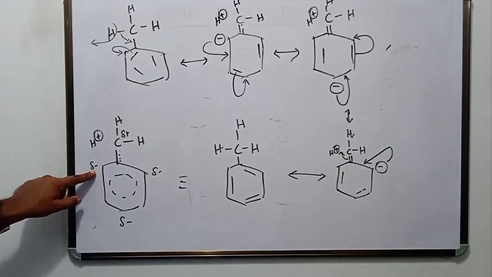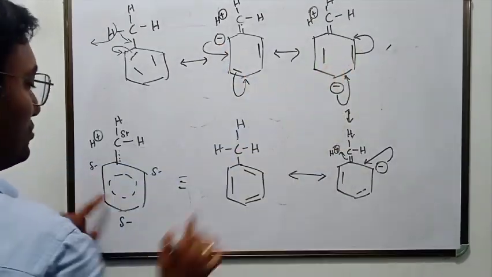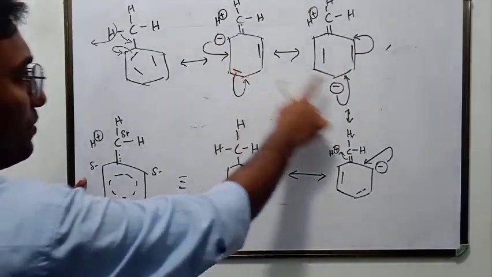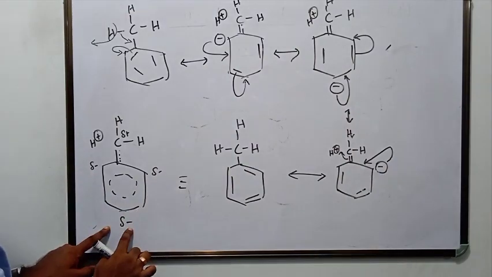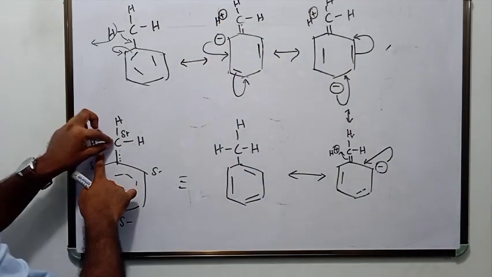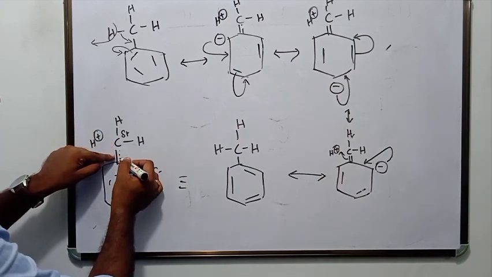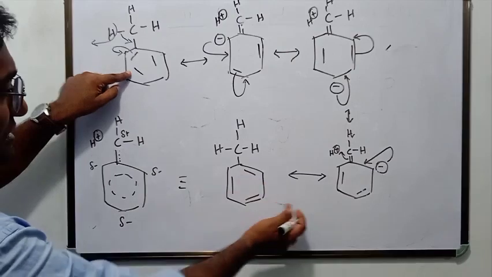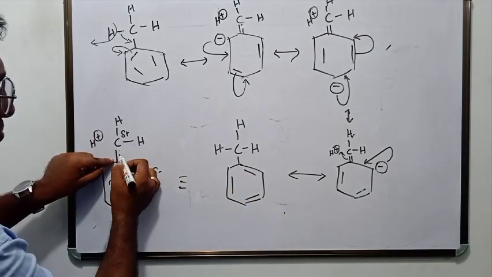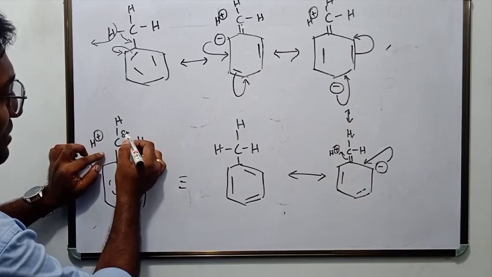All the time electron density is at ortho, para, ortho position. Correct? That is represented as such. All the time H plus is in dissociated form, and one bond is intact, the other bond is not so. In 2 of the structures it's not so. So half formed, half broken. That way we have shown, and here we have shown the positive sign.